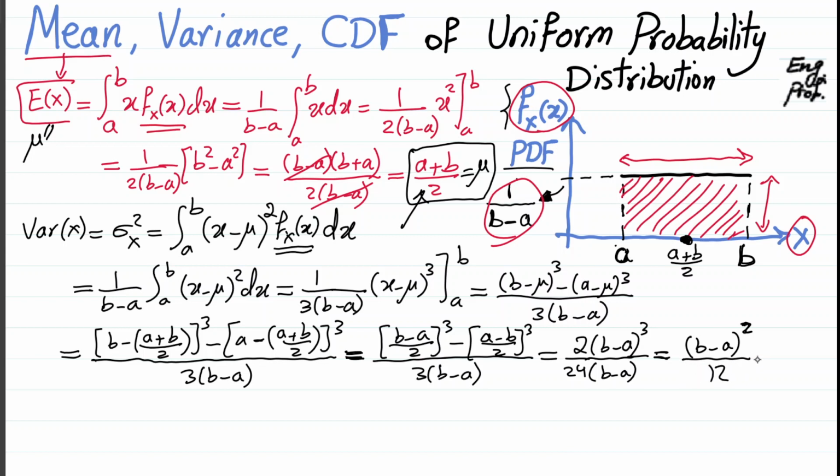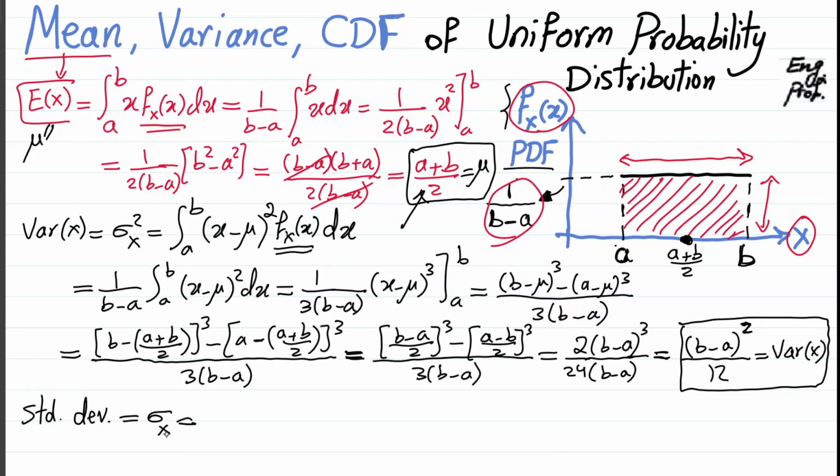That is the variance, or sigma squared, of a uniformly distributed random variable. And the nice thing is that the standard deviation, naturally sigma x, is just the square root of the variance.